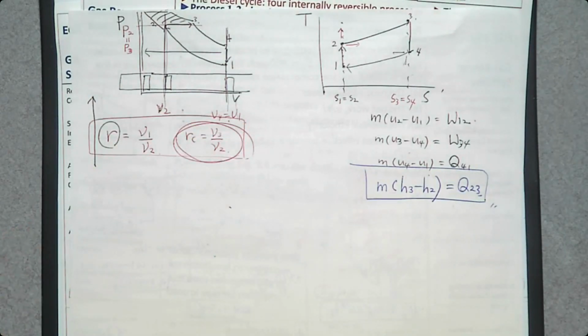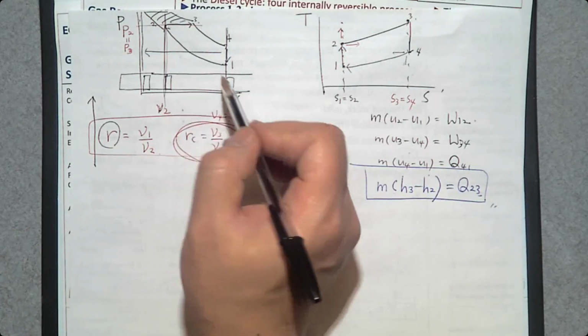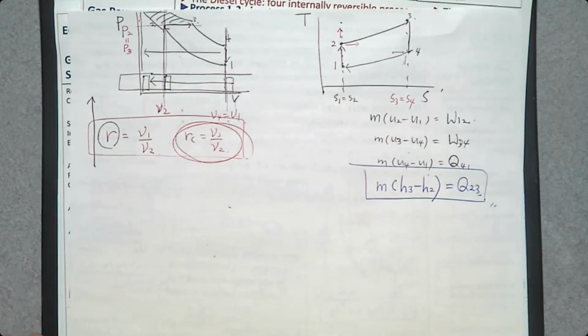But we couldn't do that when we had the Otto cycle because it's a spark ignition system. But this one is a diesel cycle. It's a compression ignition system. So we can compress more. So the R value for the diesel cycle is usually much higher than the R value in the Otto cycle. That's why the diesel cycle is more efficient than the Otto cycle. Okay?